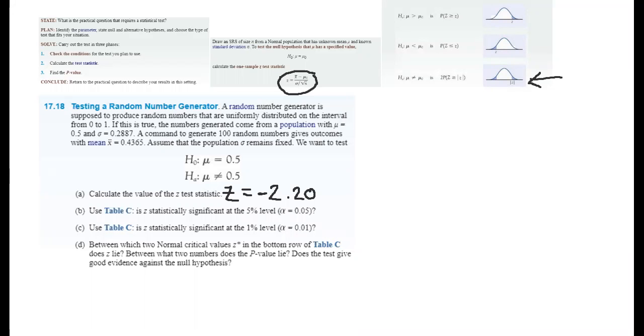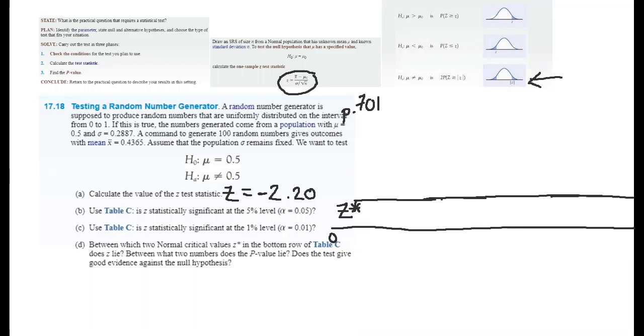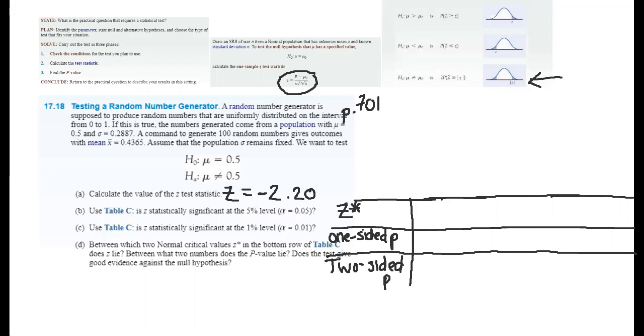In table C on page 701, you'll find a bottom row of z star. You'll find a row for one-sided test, so one-sided P, and you'll find a row for the two-sided P. That's at the bottom of your table.